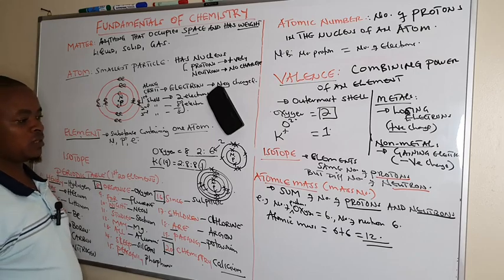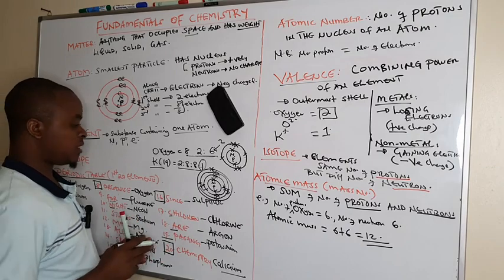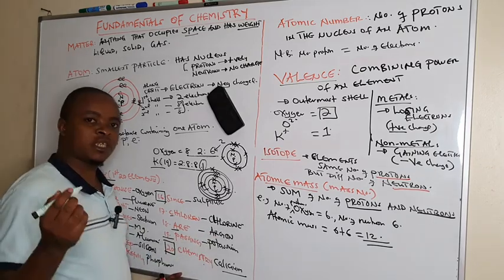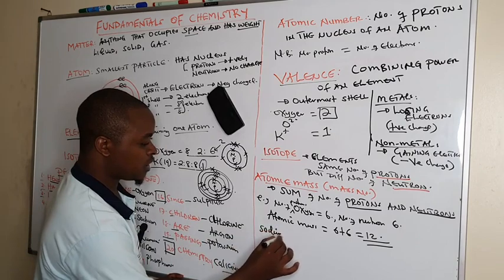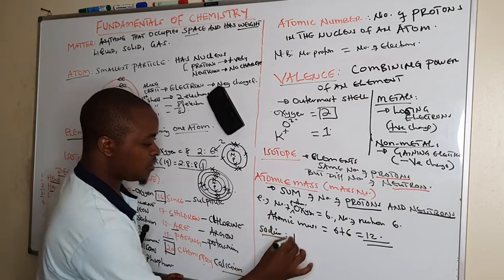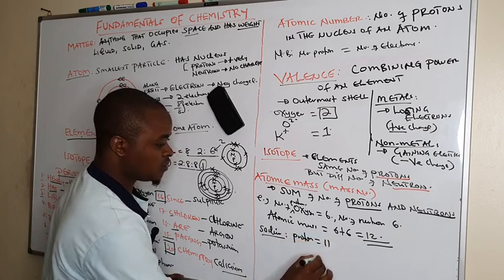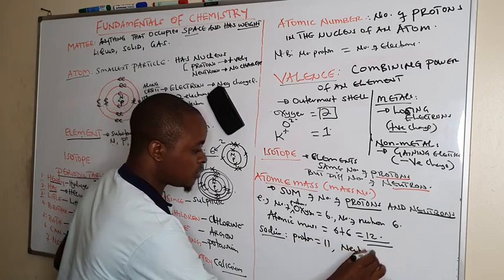Whereas to calculate the atomic mass of sodium, the number of protons is 11, then the number of neutrons is 12.